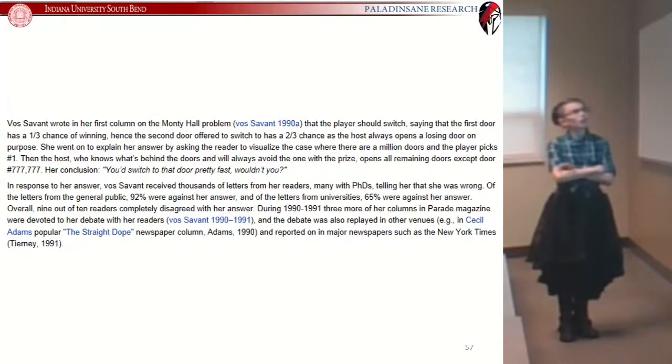Savant wrote her first column on the Monty Hall problem, saying that the players should switch, since the first door had a 1 in 3 chance of winning. Hence, the second door offered to switch to has a 2 in 3 chance, as the host always opens the losing door on purpose. She went on to explain her answer by asking the reader to visualize the case where there are 1 million doors and the player picks one, say number 1.